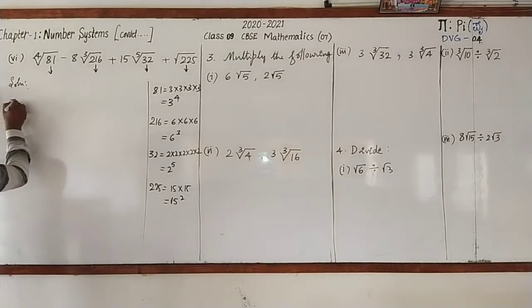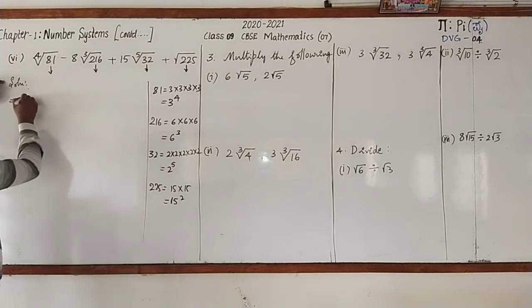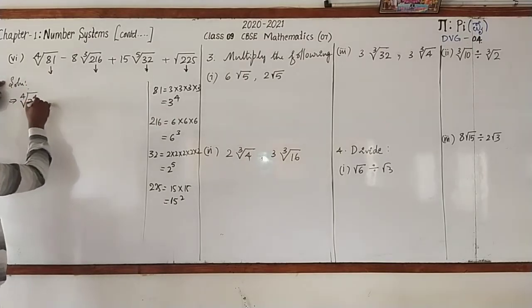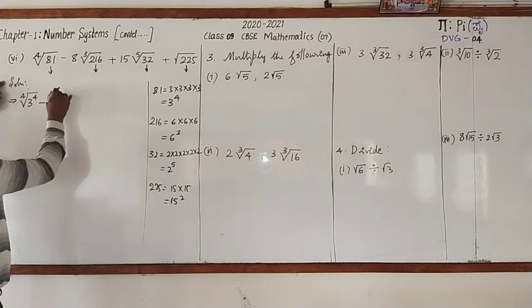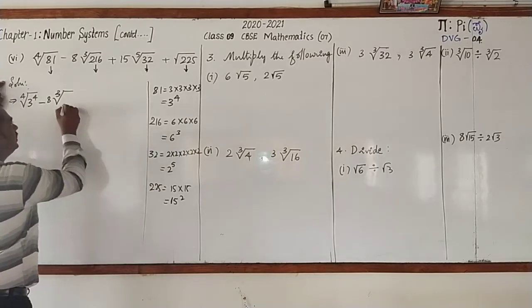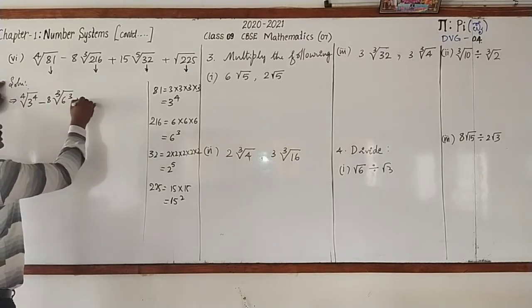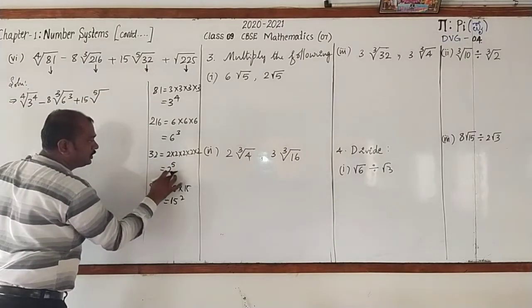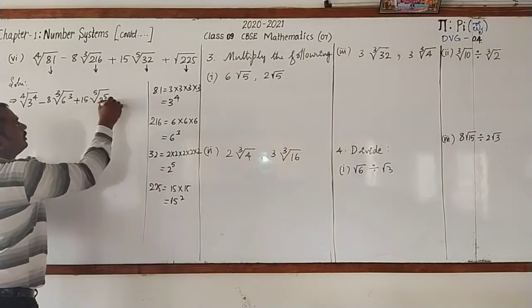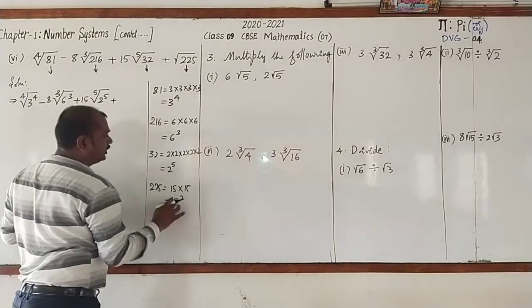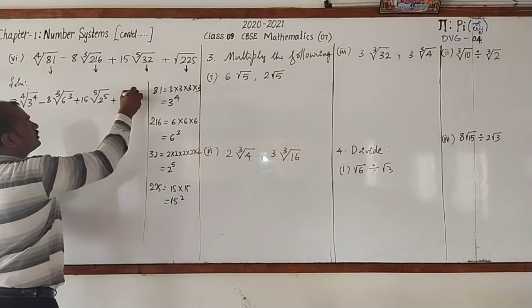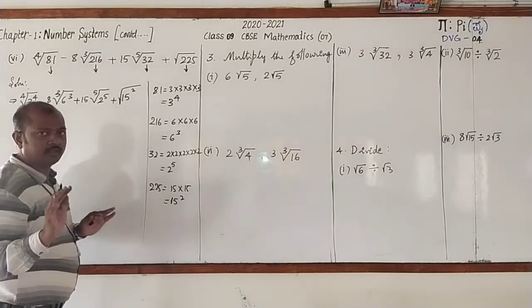It is equal to 4th root of 81, which is 3 raised to the power 4, minus 8 into cube root of 216, which is 6 cube, plus 15 into 5th root of 32, 32 is 2 raised to the power 5, plus square root of 225, which is 15 square. Clear?